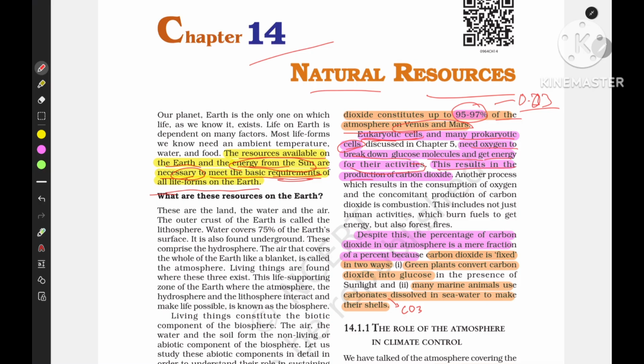The result is the production of carbon dioxide. So cells, both eukaryotic and prokaryotic, need oxygen for breaking down glucose to get energy, and this process results in the production of carbon dioxide.